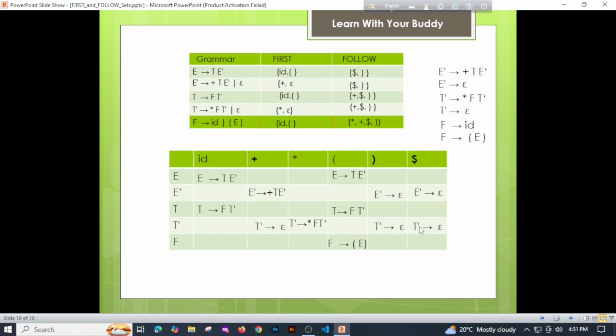After that we have F. This grammar is also divided into two parts. For F arrow id, it's in id, and for the other one it is in the opening bracket. Here let's just write it down.